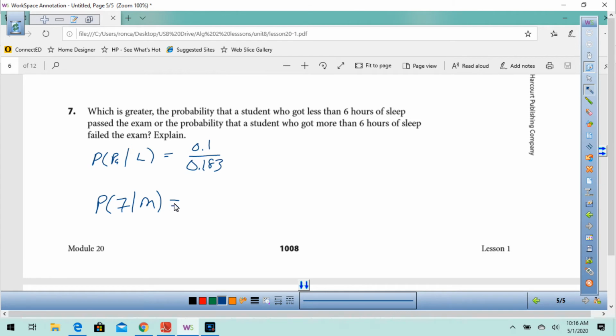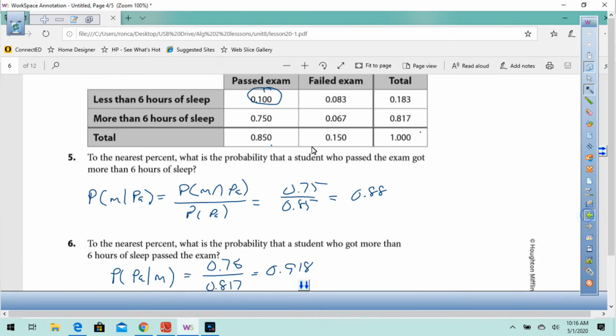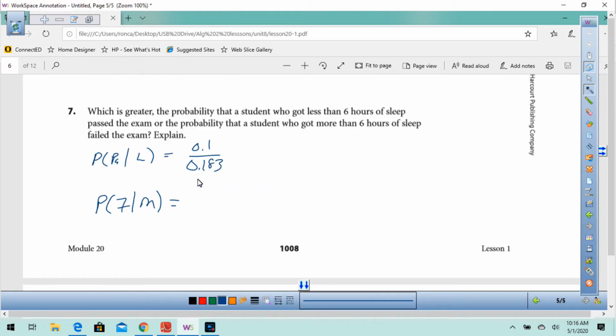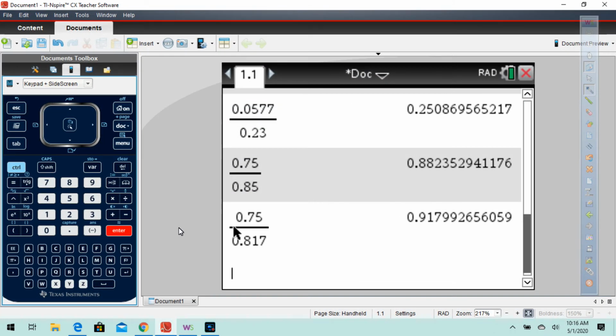And then failed, given that they got more than 6 hours sleep, that's going to be this here, so we got 0.067 divided by 0.817. All right. So the first one, 0.1 divided by 0.183.